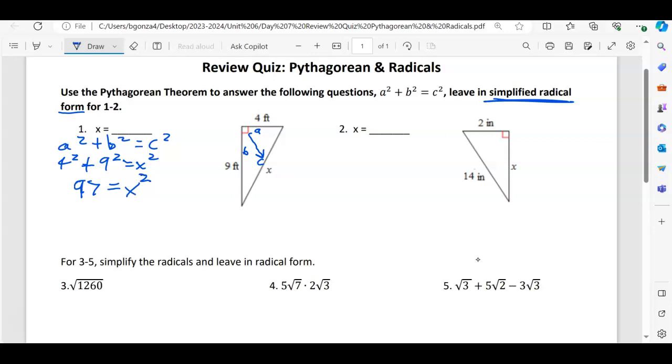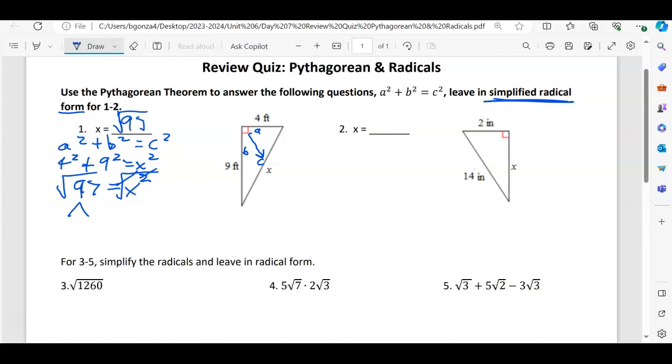All right. And then last step, to get rid of the square, we need a square root. Now 97, okay, I can try to break it down, but there's no factors of 97. It is prime. Since it doesn't break down, we're just going to rewrite it as square root of 97.